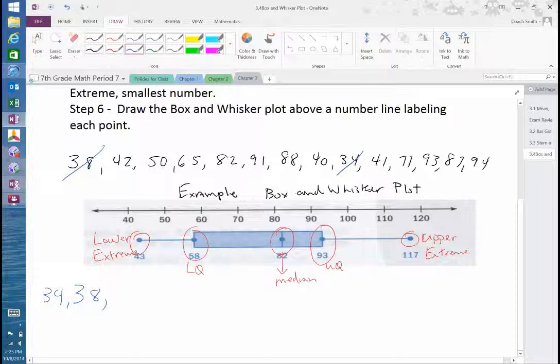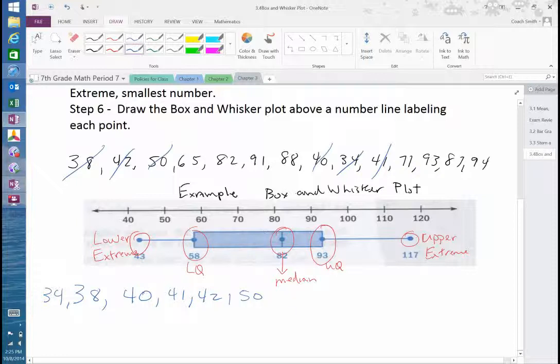So the next number looks like 41. No, 40. There are 40s? Yeah, there's one. 40, 41, 42, and it looks like all the 40s. Now we have 50. Any more 50s?